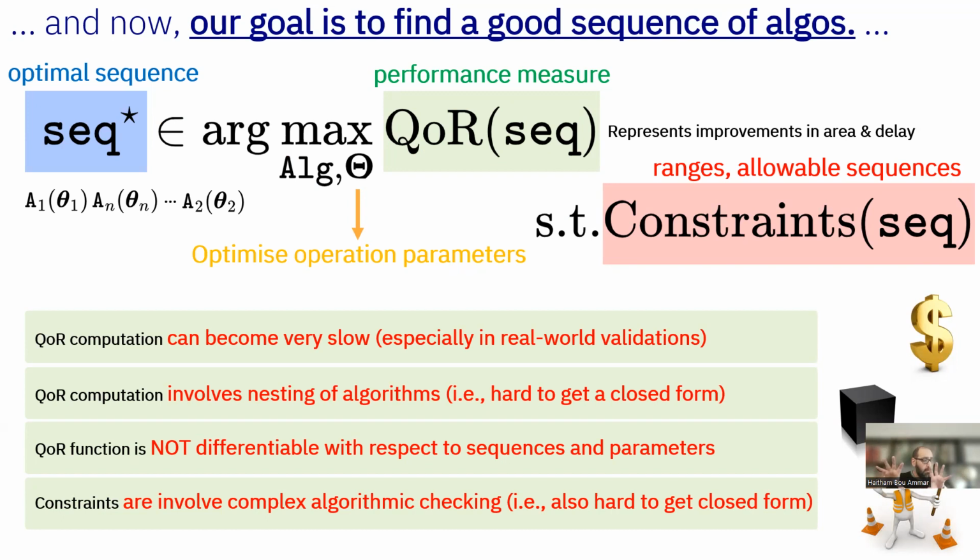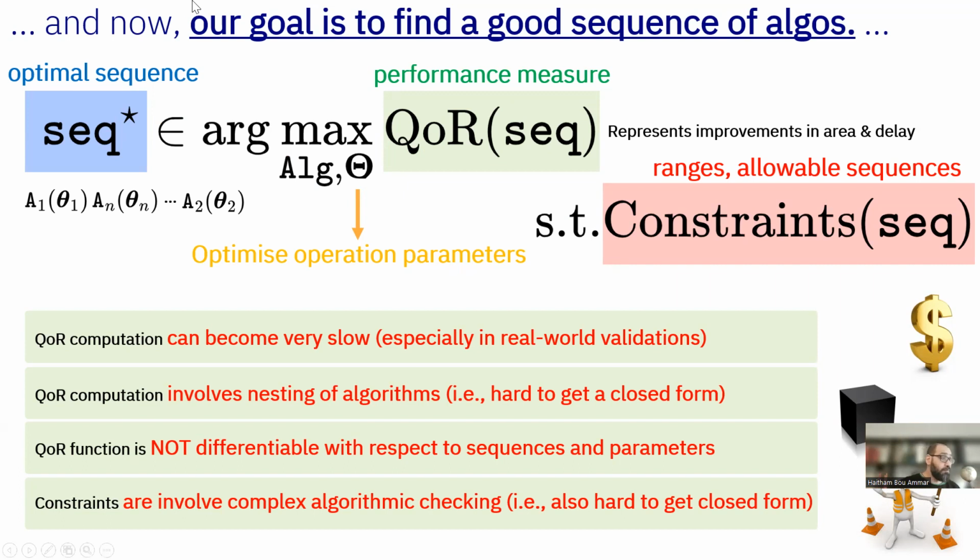Then you change the graph again, and so forth, up to whatever the length of your sequence is. So as you see, it's extremely hard to write a closed form equation of the QOR as a function of the sequence, because each of those is a C++ algorithm which has its own hyperparameters. It changes the graph in some way and then creates a new graph that goes into another operator and so forth.